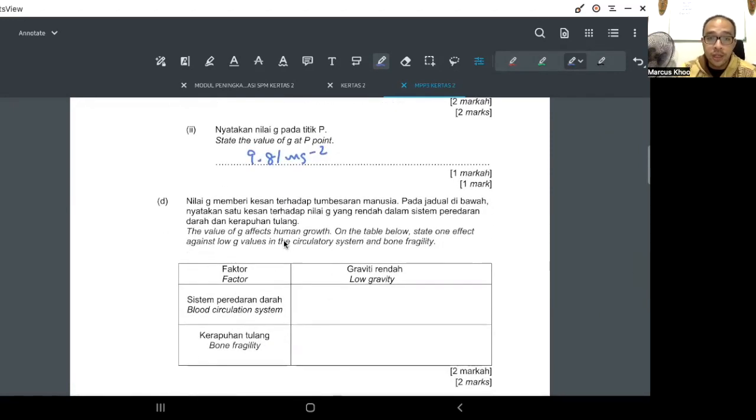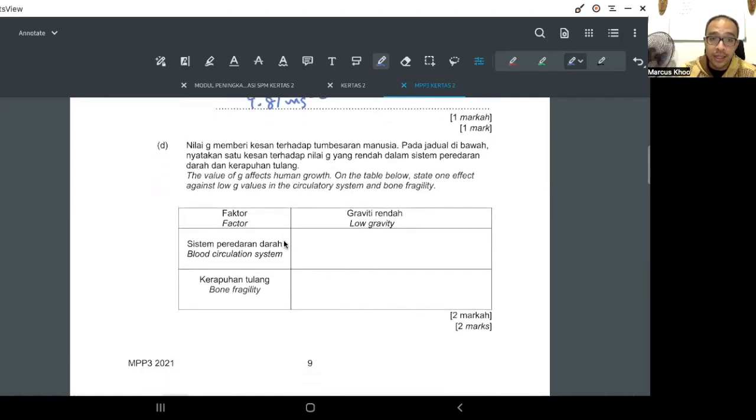Now, the value of g affects human growth. On the table below, state one effect of low g values on the circulatory system and on bone fragility. Wow, this is a very factual question. Now, for the blood circulation system, if we have low gravity, what is going to happen is all the blood is going to go up and collect on our face.